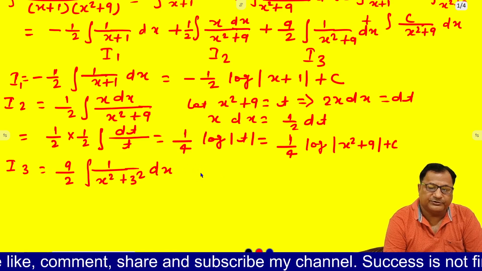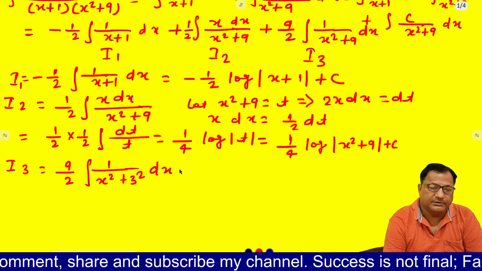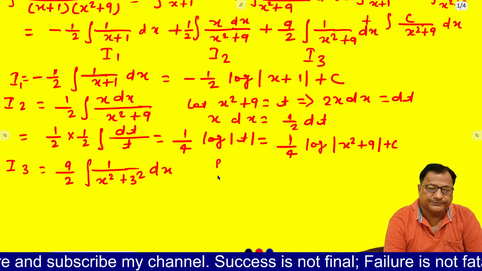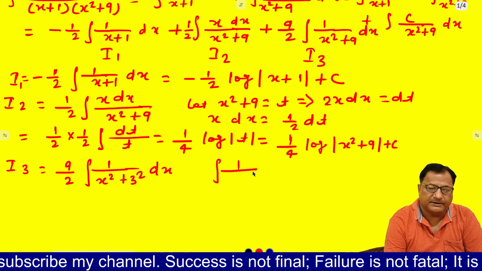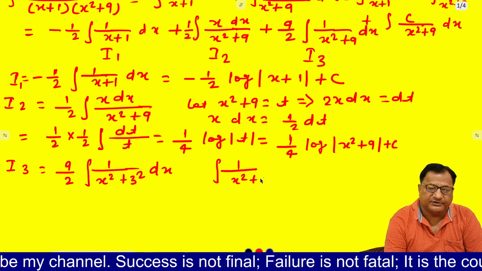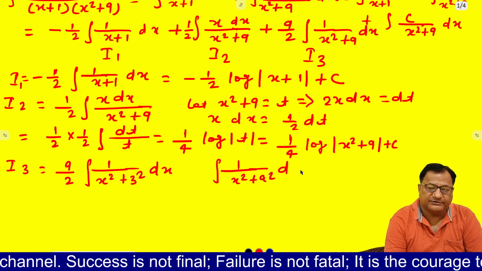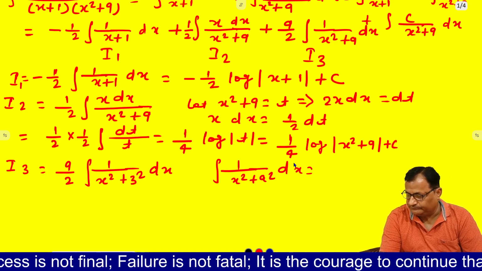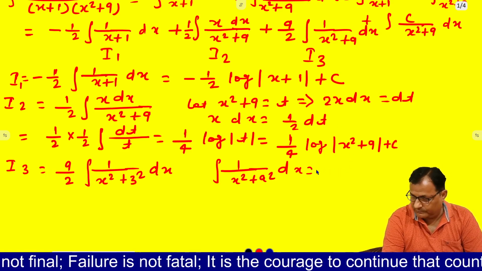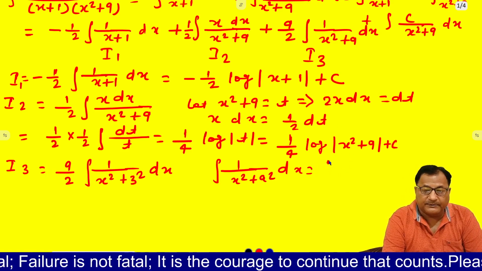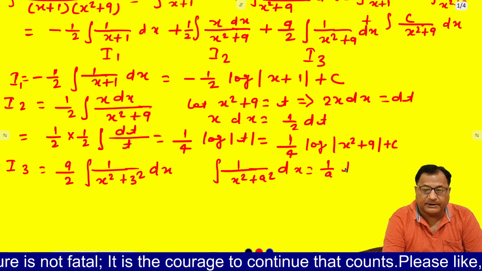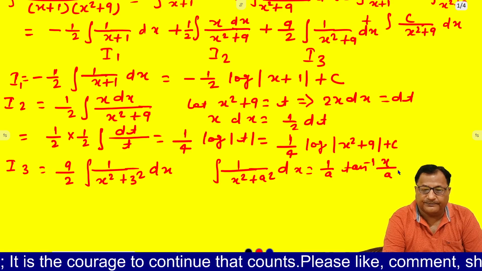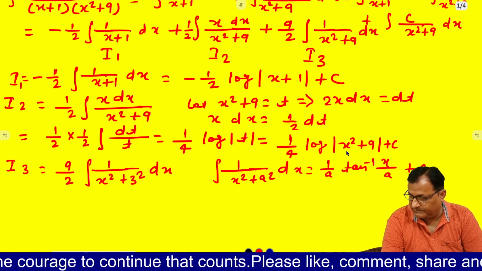For this integration we will use one formula. The formula is integration of 1 by (x square plus a square) dx is equal to 1 by a tan inverse x by a plus c.